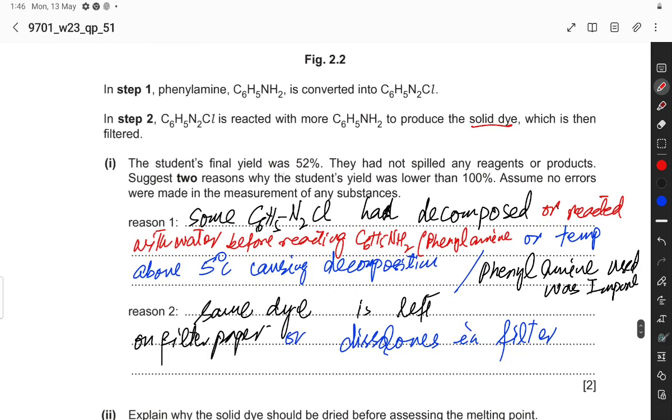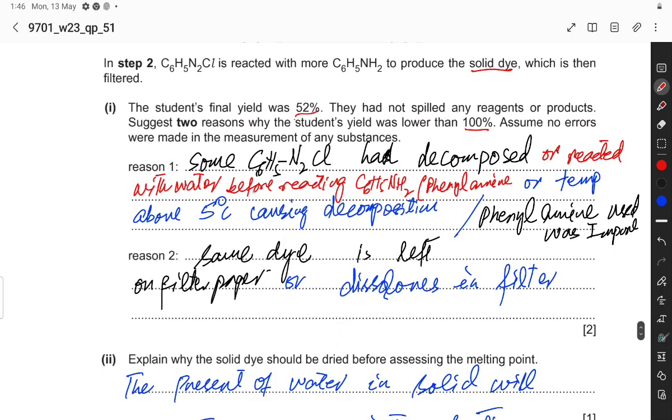The student's final dye yield was 52%. They had not spilled any reagent or products. Suggest 2 reasons why the student's yield was lower than 100%. Assume no errors were made in the measurement of any substances.